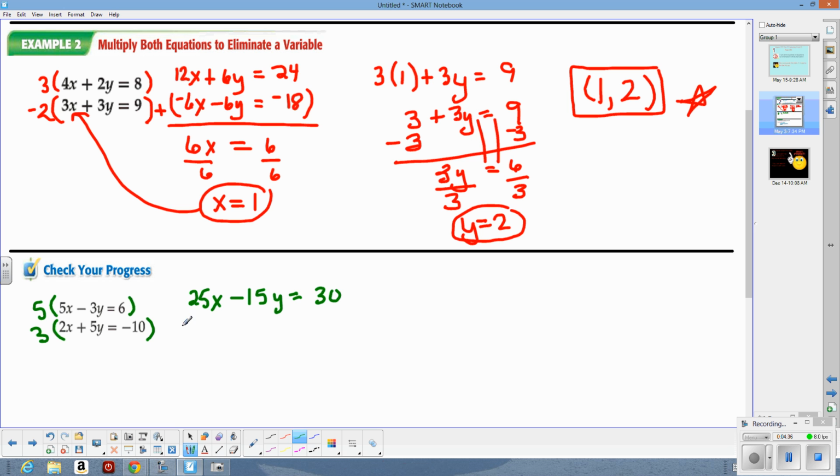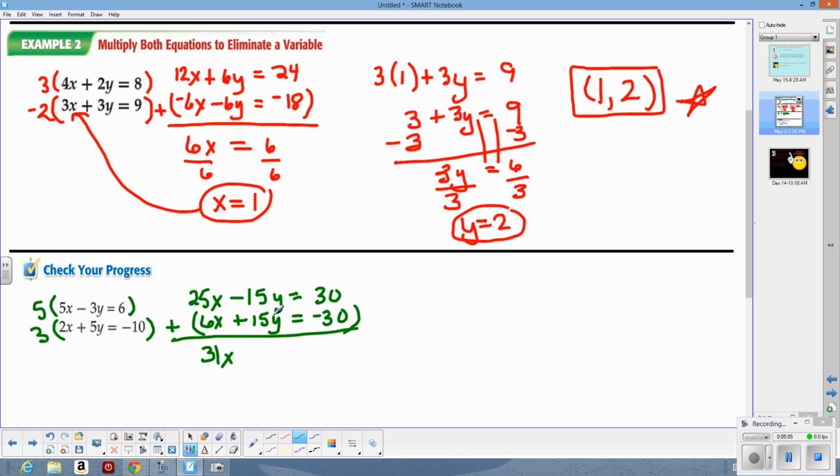On the bottom, 3 times 2x is 6x. 3 times 5y is positive 15y. And 3 times a -10 is -30. Now, since these are opposite terms, I'm going to add these two equations together. 25x plus 6x is 31x.